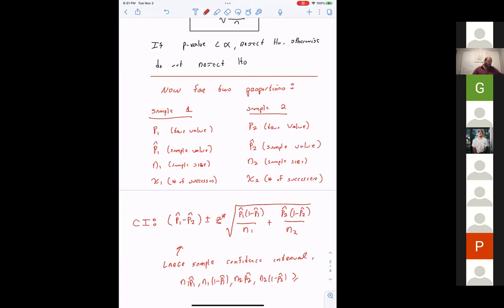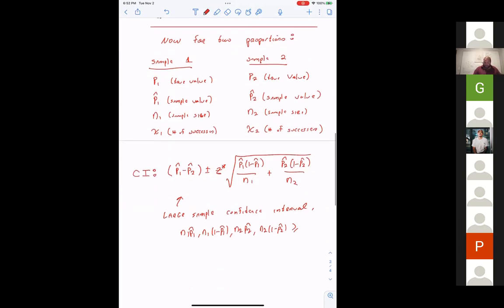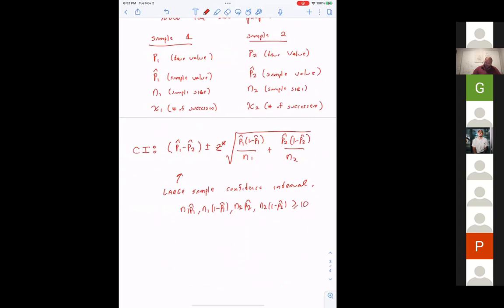Greater than or equal to 10, correct? Okay, so for two samples, it's going to be a similar situation. Each of them must be greater than or equal to 10. To do that, I can use the large sample confidence interval. What if, though, I don't have that?